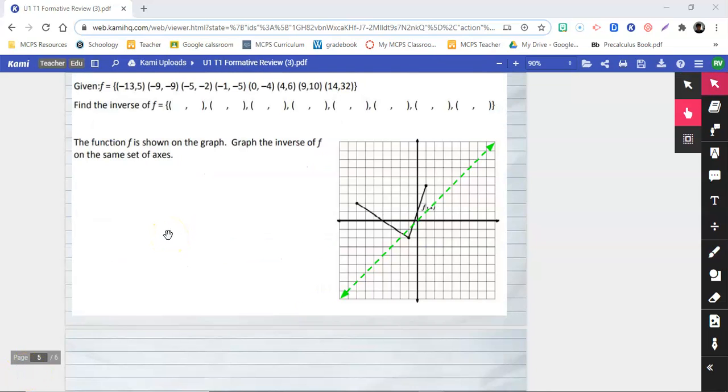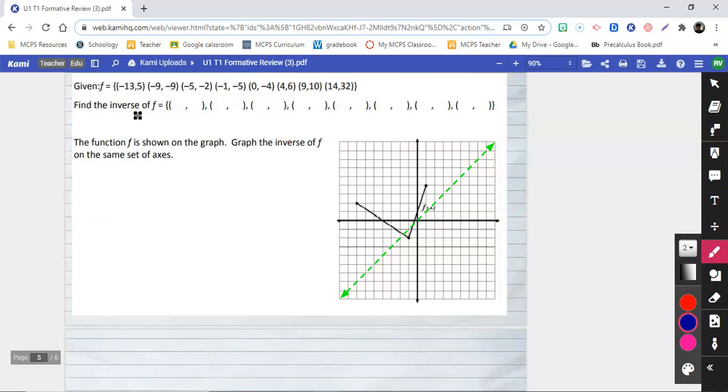Another example that we can use the inverse relation is when we are given a set of ordered pairs, like so, or sometimes when we are given a table of values. The idea of inverse relation is when we switch our x and y. So if we have the first ordered pair -13, 5, its inverse is going to be 5, -13.